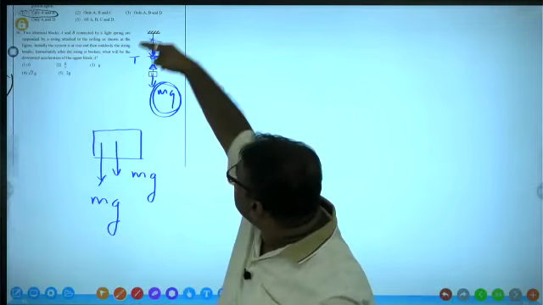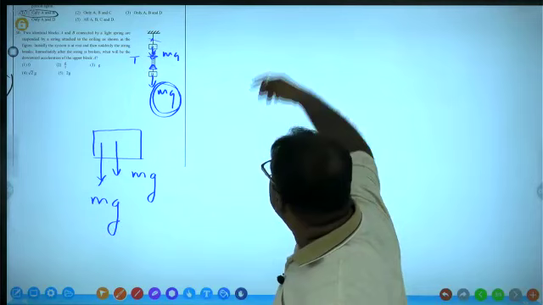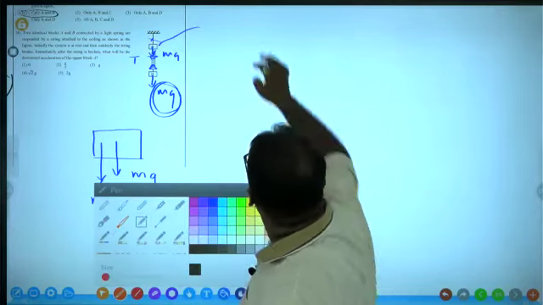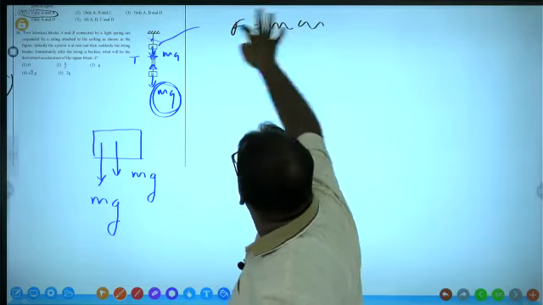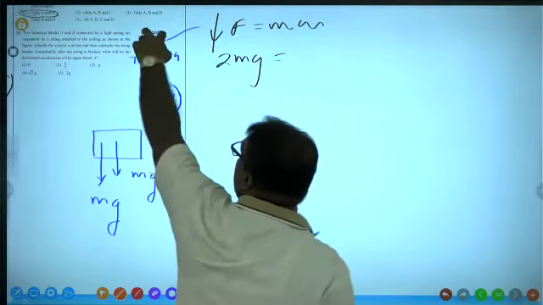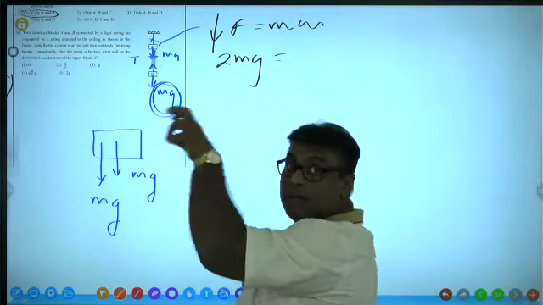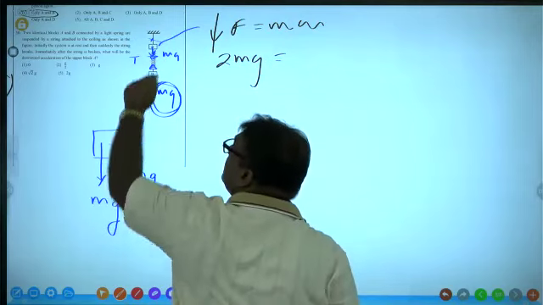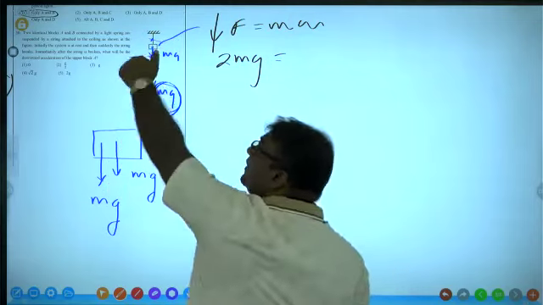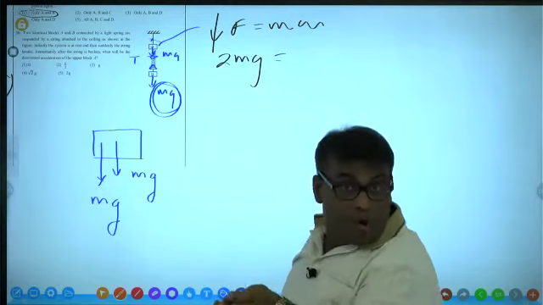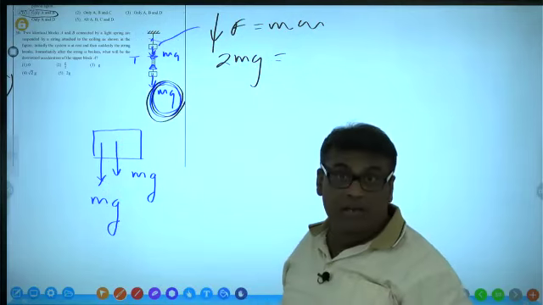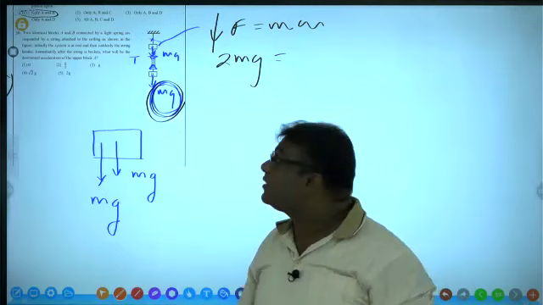So as soon as the string is broken, the upper mass A will experience a downward force of 2mg. Look, as soon as the string is cut, that double force is given. That is, its own weight, and additional to that the spring makes a downward force equal to the weight of the lower mass. That is also created downward.